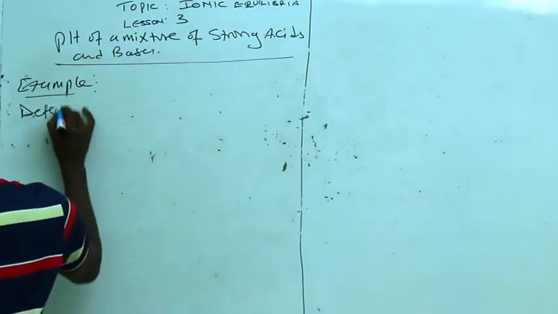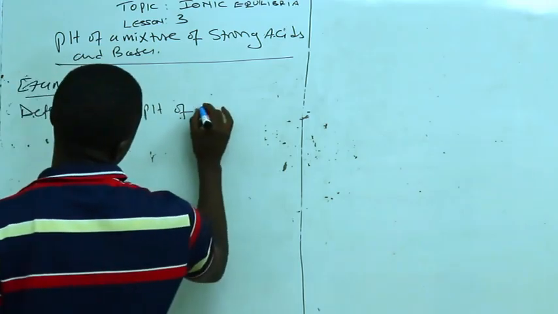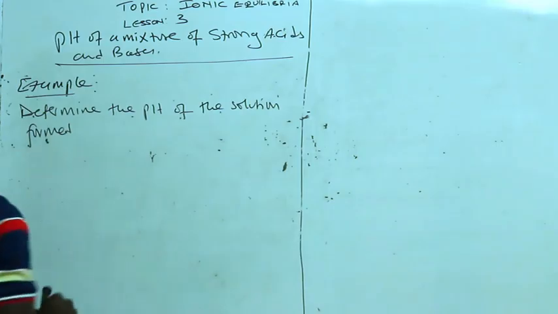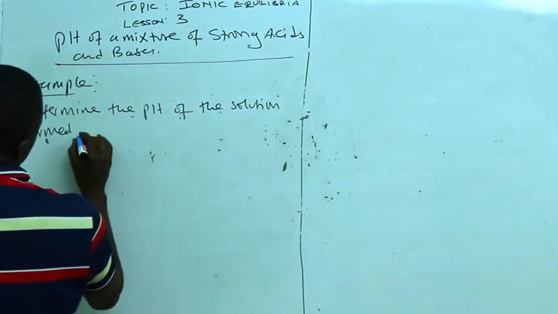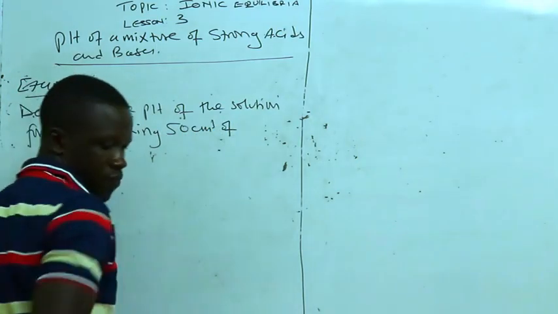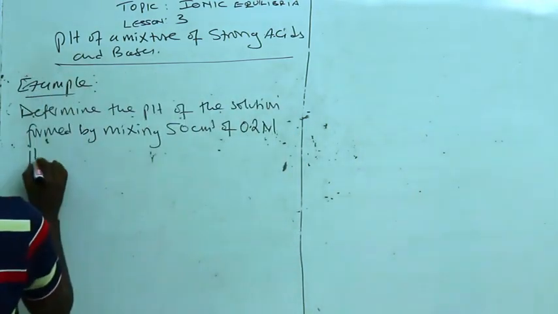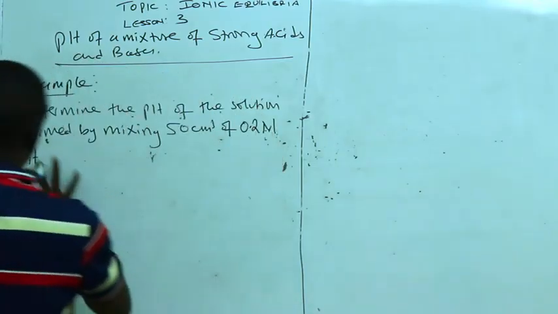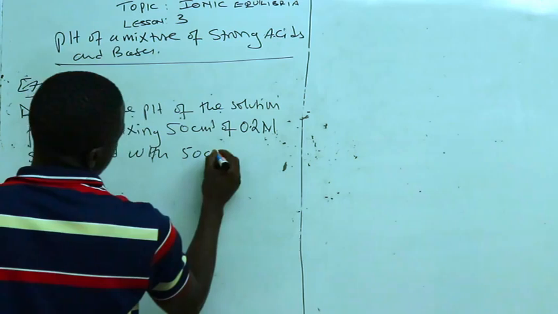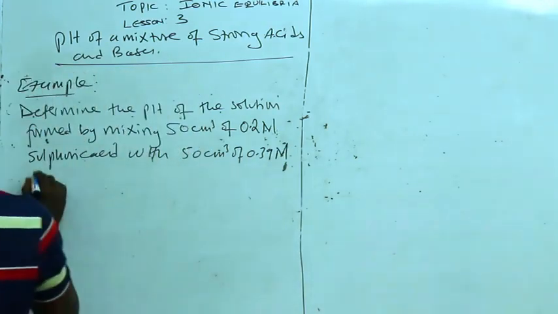Determine the pH of the solution formed by mixing 50 cubic centimeters of 0.2 molar sulfuric acid with 50 cubic centimeters of 0.39 molar potassium hydroxide.